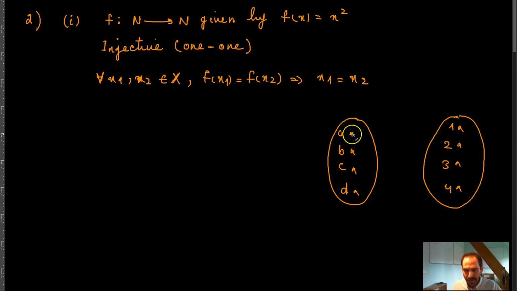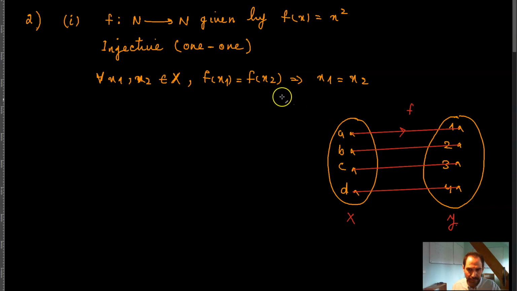You could have a mapped to 1, b mapped to 2, c mapped to 3, and d mapped to 4. Every distinct member of X, and let's call the other set Y, has a distinct image in Y, so f is 1-1 or injective.